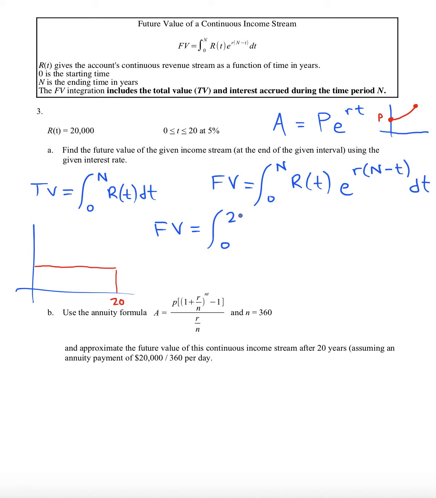We'll go from 0 to 20. Our function is 20,000. Now we need an e, and we want to raise it to the r times n minus t. So r is going to be our interest rate, our APR.